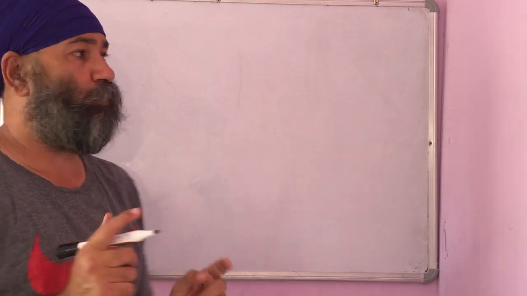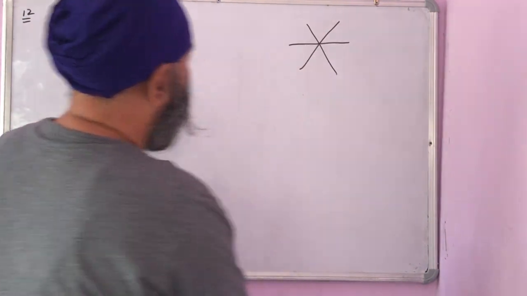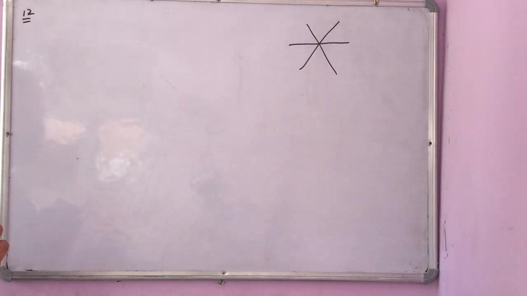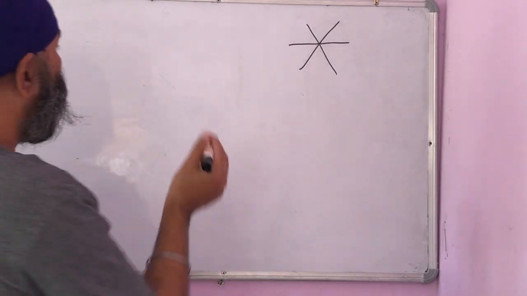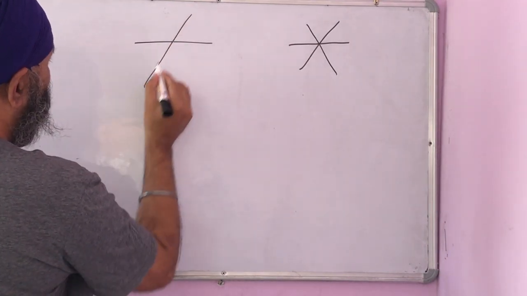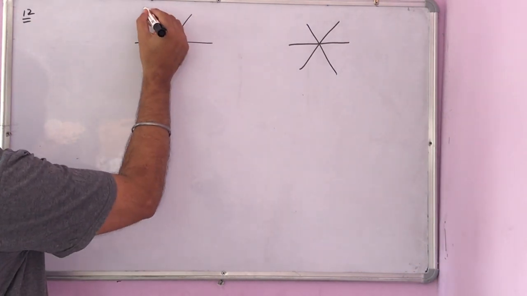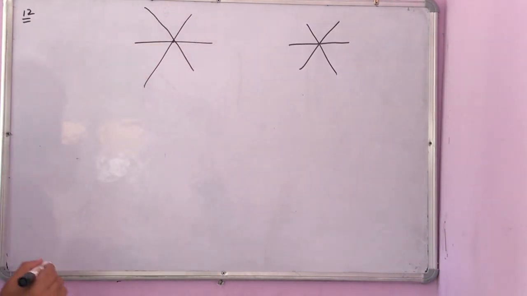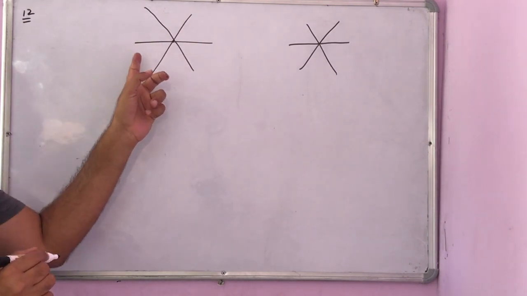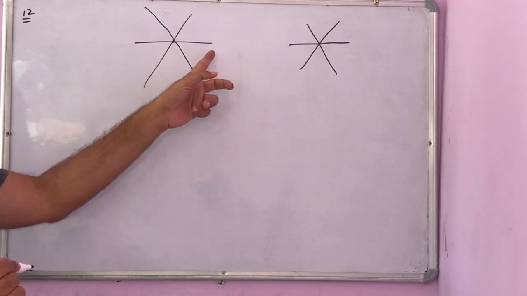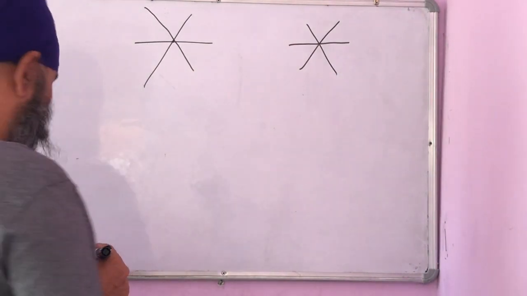Concurrent lines mean these lines are passing through the same point. So how do I prove that these lines pass through the same point? First I find the point of intersection of two lines, then show that this point also lies on the third line. Then it will be shown that these lines are concurrent.